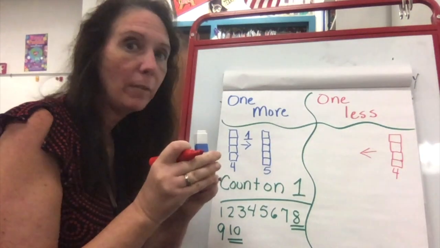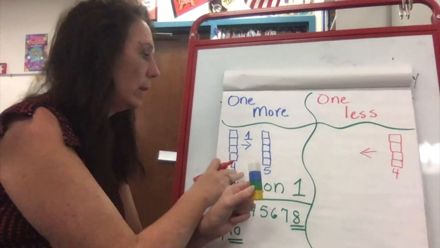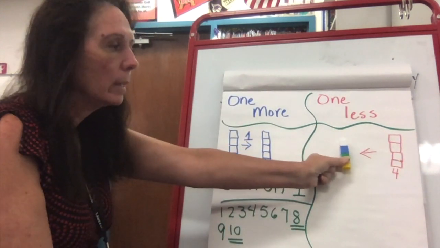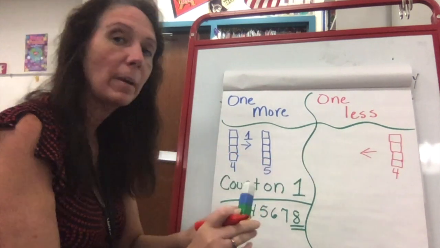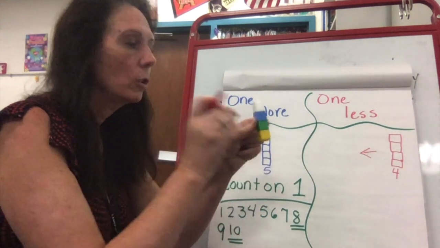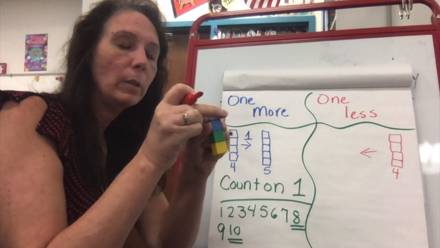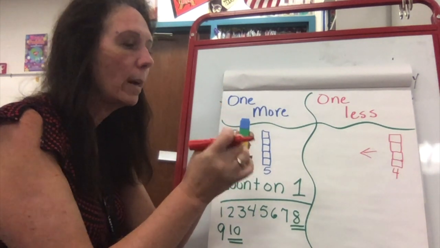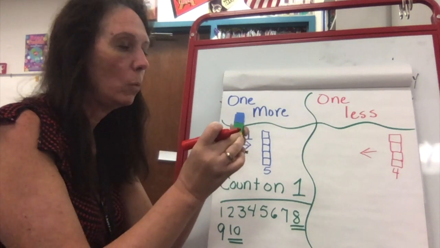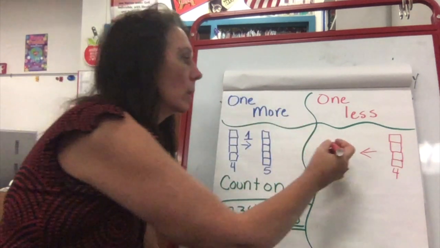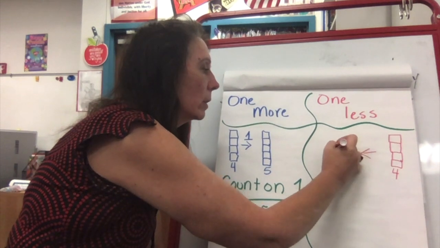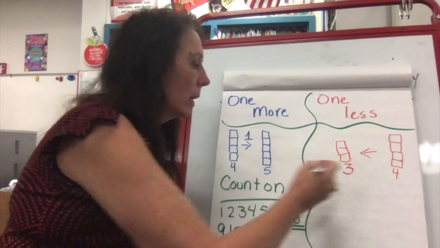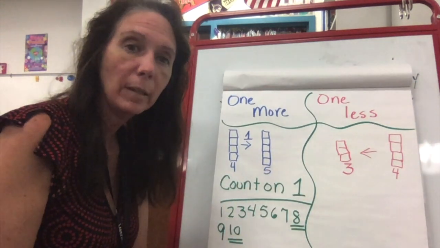That means I'm not going to have as many as I did before. So it wouldn't be 5 because that's more. So I want to go 1 less. So I'm thinking about counting backwards a little bit. So 1 less from 4 would be, I would take 1 and remove it. So 1 less than 4 would be 1, 2, 3. So I can draw 1, 2, 3. And that is 1 less.